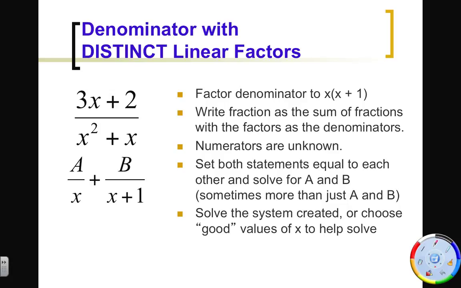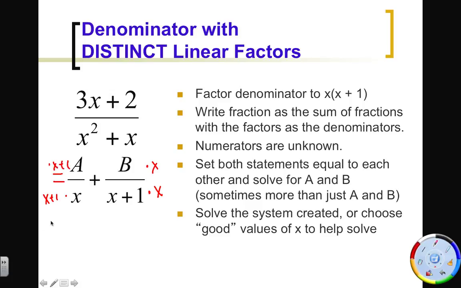So if I had 3x plus 2 over x squared plus x, and I split this up, I could set these two things equal to one another. Here's what's kind of weird: I actually want to add these two fractions together. So I need to multiply this by x and this by x, and this by x plus 1 and this by x plus 1.